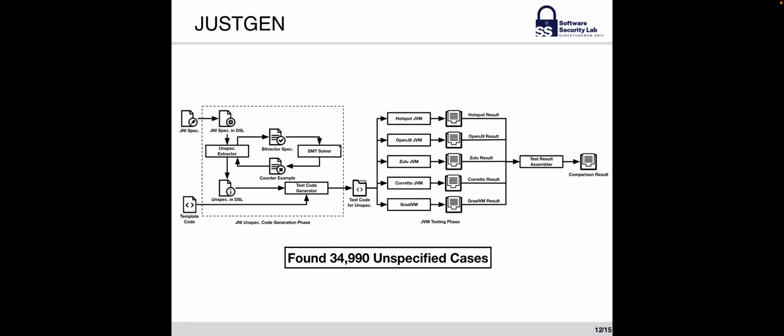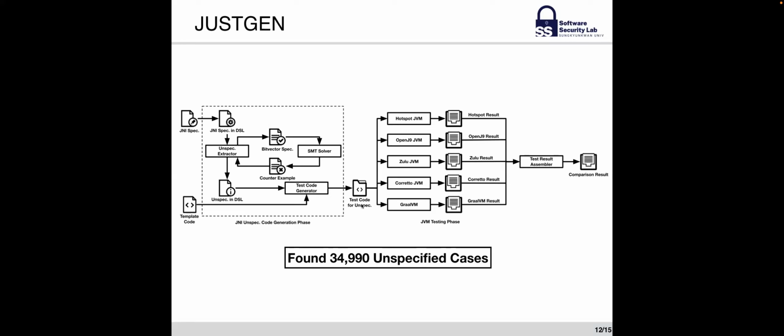By running these tools, we found 34,990 unspecified cases. And the test code generator module receives the unspecified cases and automatically generates test programs that trigger the behaviors of the unspecified cases.